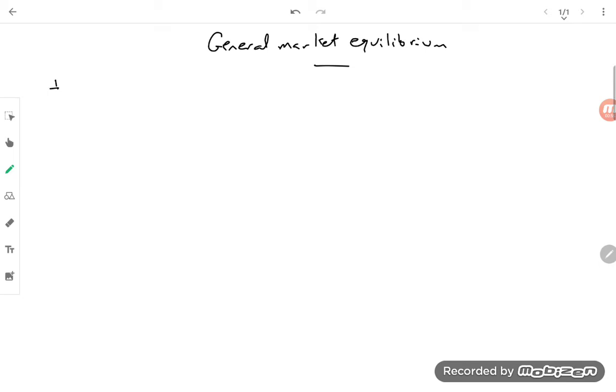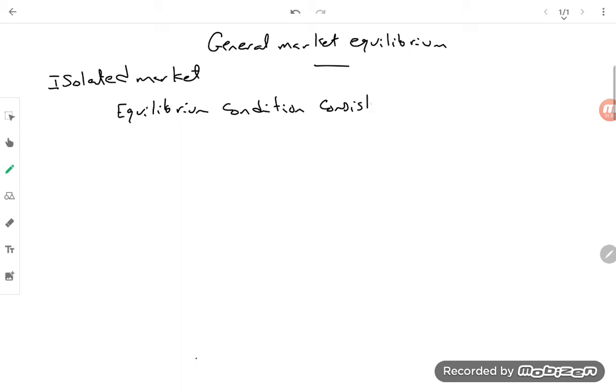In the case of an isolated market, the equilibrium condition consists of only one equation, which is QD equals QS for a single commodity.